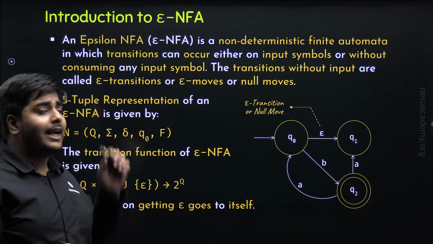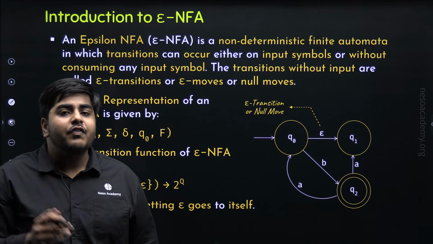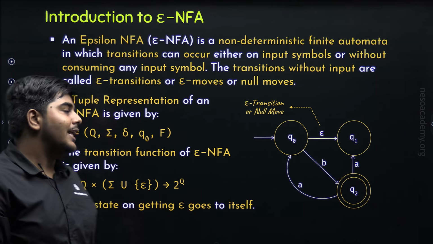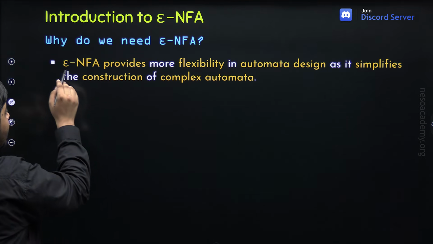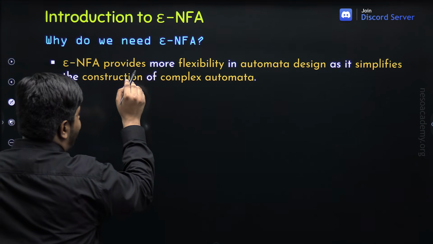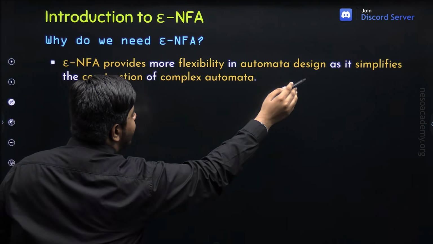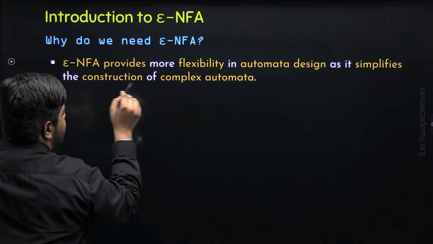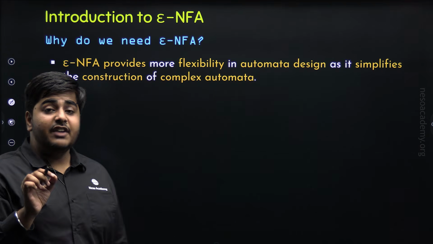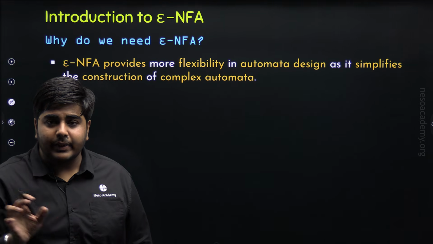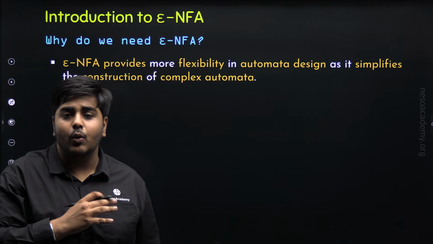Obviously, if you are understanding a topic, it is very important to know what is the need of understanding that topic. So let's see, why do we need epsilon-NFA? Epsilon-NFA provides more flexibility in automata design, as it simplifies the construction of complex automata. What does that mean? If we want to draw a complex automata, it is very difficult to draw it in one go.